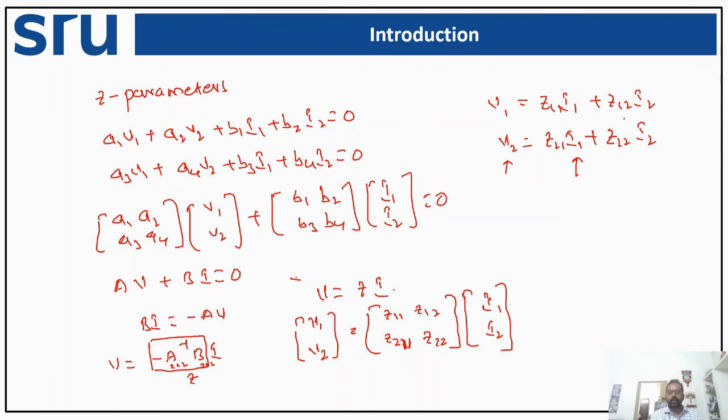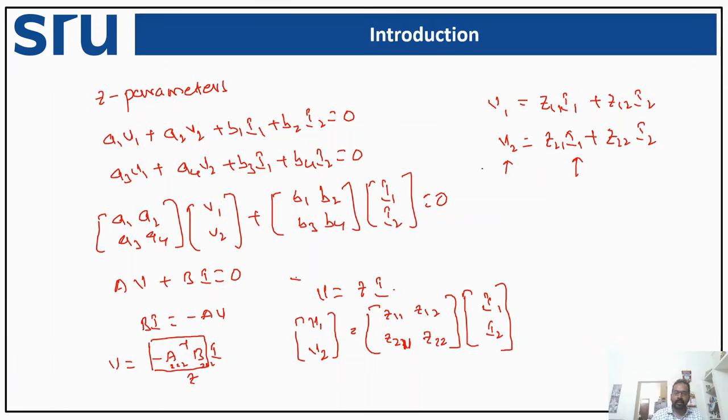Now think, are these port currents always independent? No, because there may be a case where the port currents cannot be independent and this is not applicable for a given network. So this should be chosen rightly. What is the other way of choosing the independent terms, that is, voltages? Why are we trying to choose?